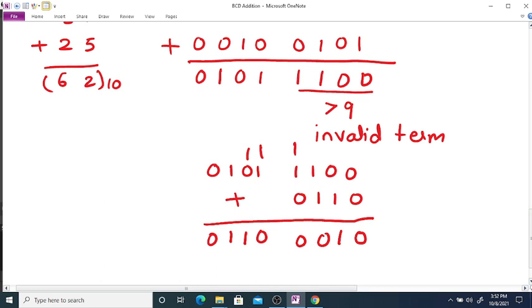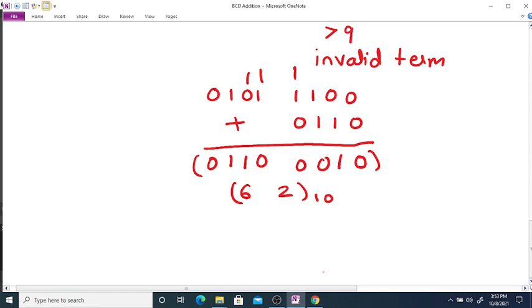If we convert the obtained answer into decimal, we will see that this is 6 and this is 2. So the obtained answer now is correct. The final answer will be 0110 0010. This will be our final answer for the given BCD addition.